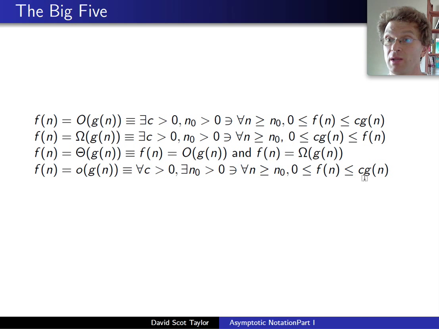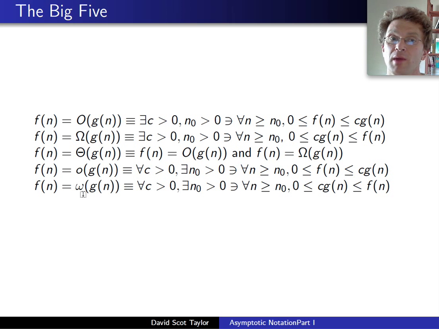Depending on what positive constant you give me, I'll have to set a bigger n naught, because it's bigger for sufficiently large n, not for every n. 50n squared is less than or equal to n to the fourth for c equals 1 if n is at least 8. Or if c is half, then maybe I say n should be at least 10, or some bigger number.